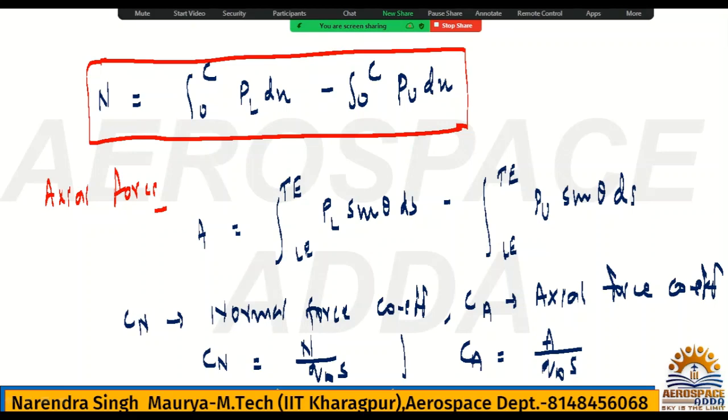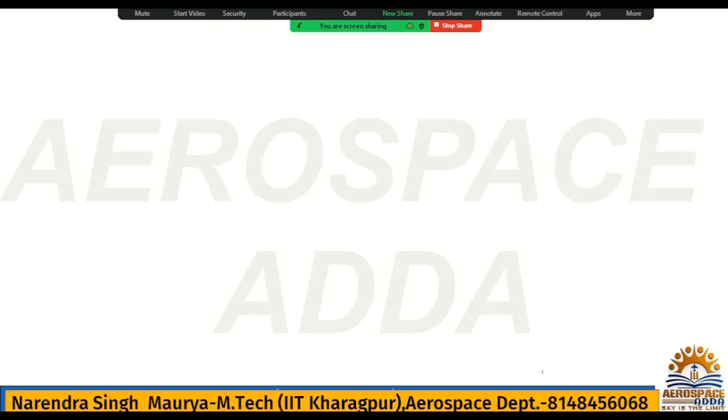Now how to get the lift force from the Cn and Ca? Directly I am writing the formula, no need to go through all these steps again. So the lift coefficient Cl will be Cn cos alpha minus Ca sin alpha.